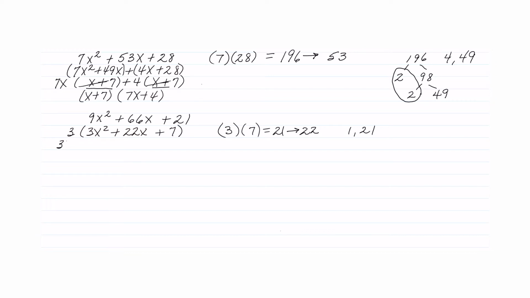So we make sure to carry down our 3. Let's group our first two and I'll group our last two. And then factor out our common term. Making sure to bring down our 3.